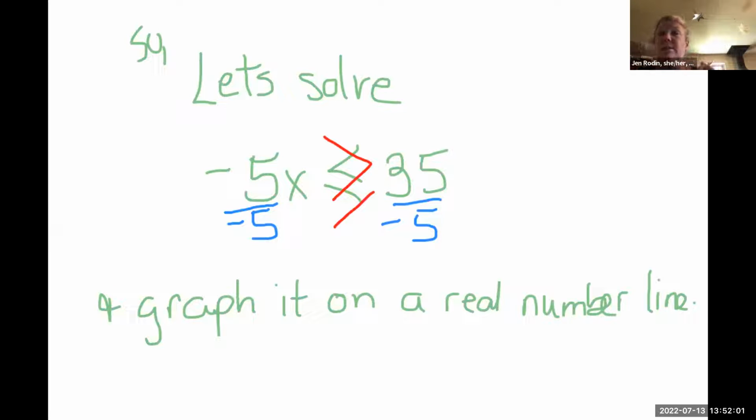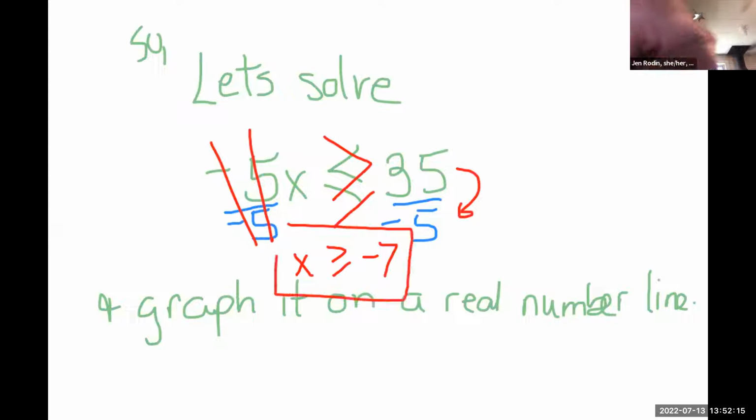Right as soon as I do that, the arrow moves over. This comes out to be just X. A positive divided by a negative is a negative. So that is the switcheroo that it does. So just be on the alert for that.